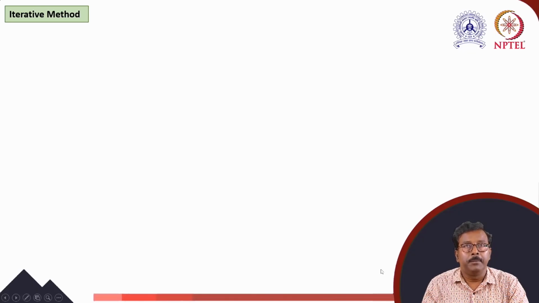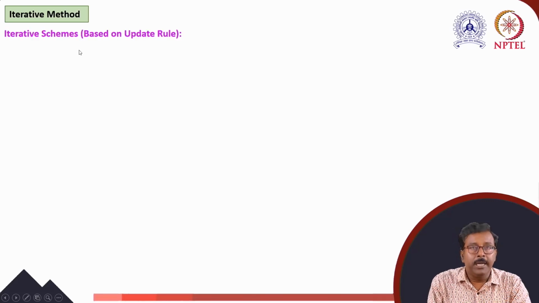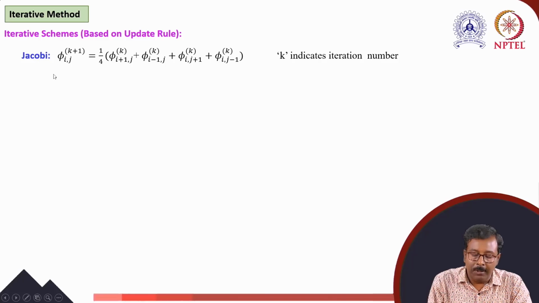So let us describe the iterative method. Now the schemes are classified into different categories based on the update rules. Say for Jacobi method, the update of the node at the k plus 1th iteration will be 1 by 4 of the values from the earlier iteration k: phi I plus 1 j at k, phi I minus 1 j at kth iteration, and so on.